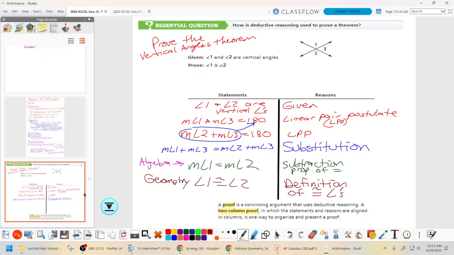Okay? And now that's the end of the proof. That's a geometry proof right there. What do you think? Yeah, sometimes the OCD part is annoying because we knew here that they were equal, but we still had to take that final step to actually get back to what we were trying to prove, which was congruence. That's okay.